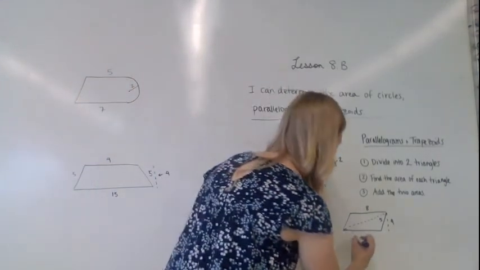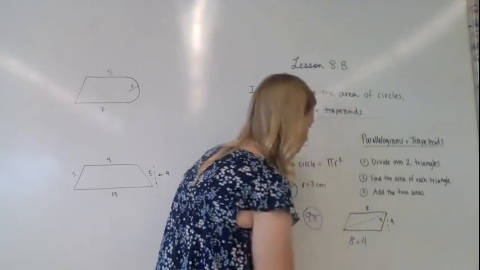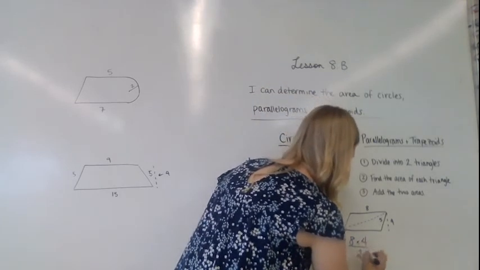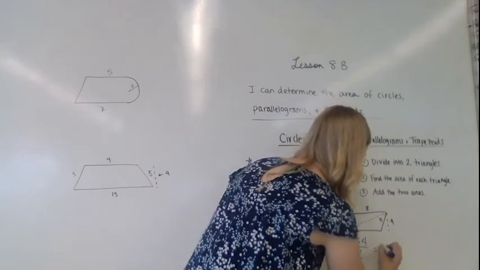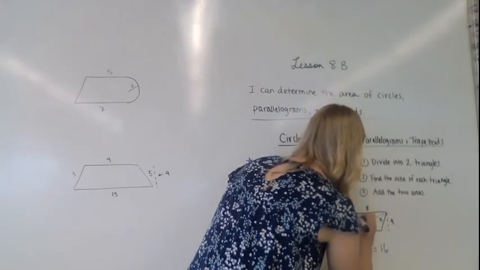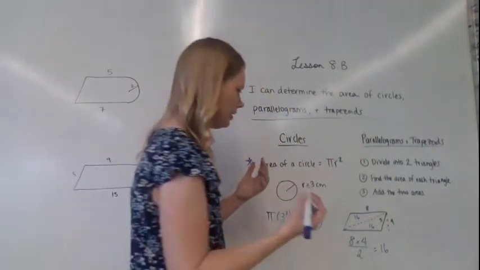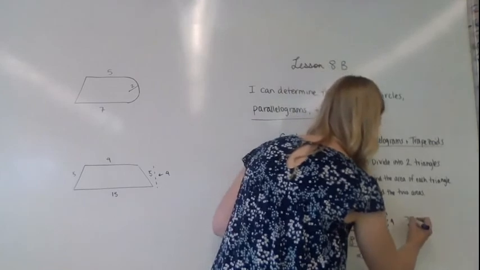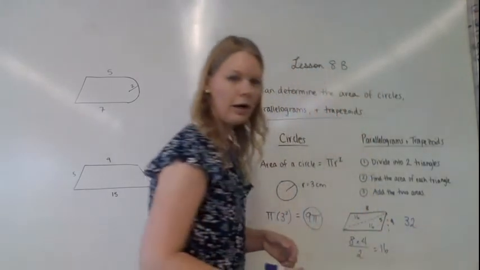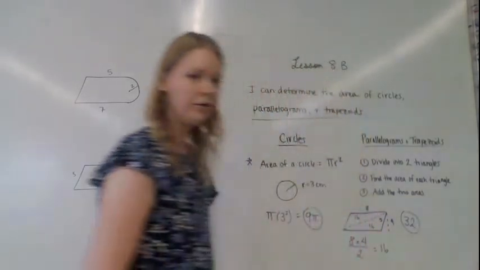So we've got our base, 8, times our height, 4, divided by 2, and that's going to get us 16. So we know that each one of these triangles has an area of 16, and when we add those 2 areas together, we get 32 for our overall area of the parallelogram.